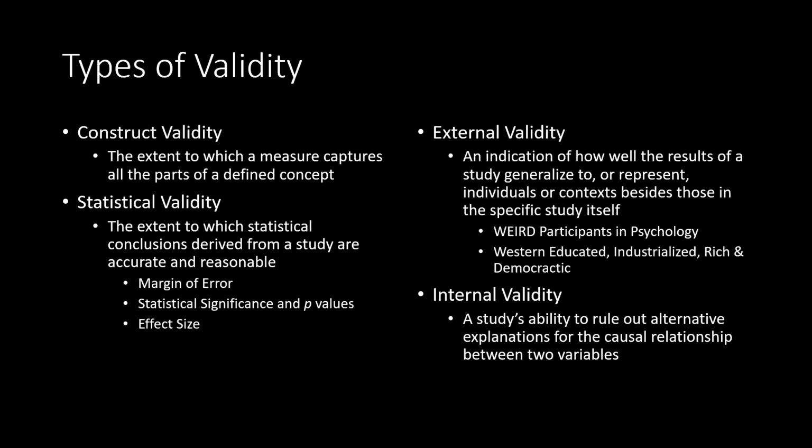Moving on to external validity, this is an indication of how well the results of a particular study generalize to or represent individuals or contexts other than those in which the specific study itself was conducted. There are many ways in which this can be applied.